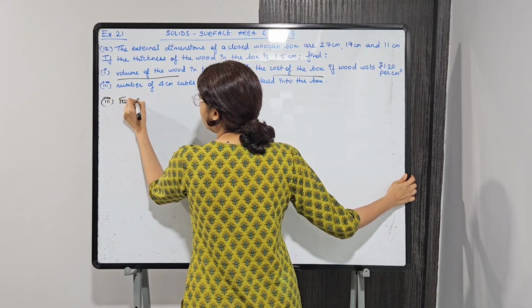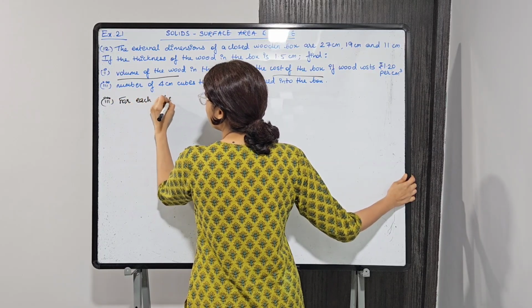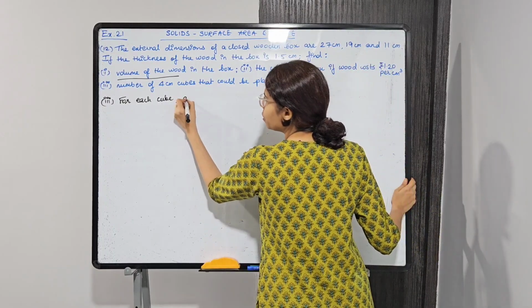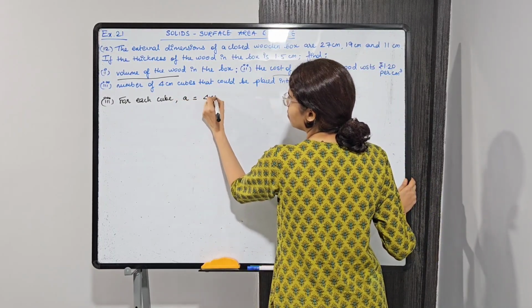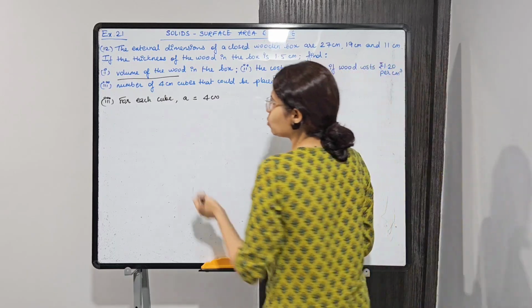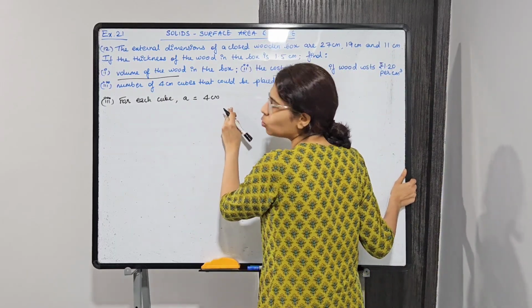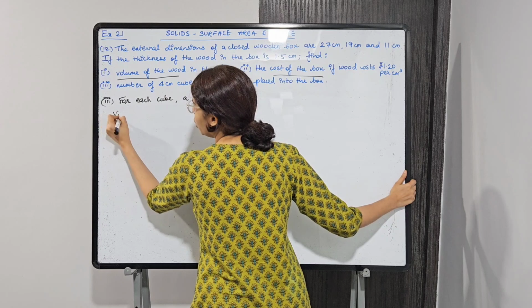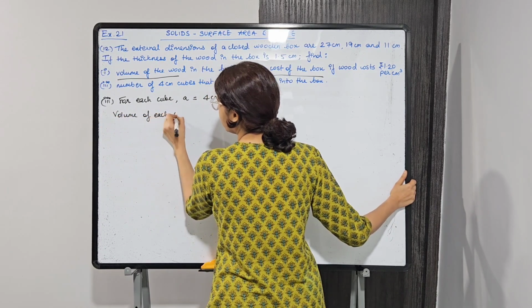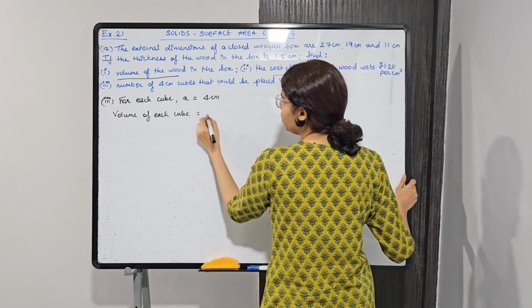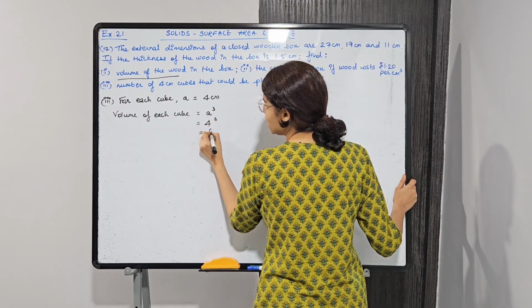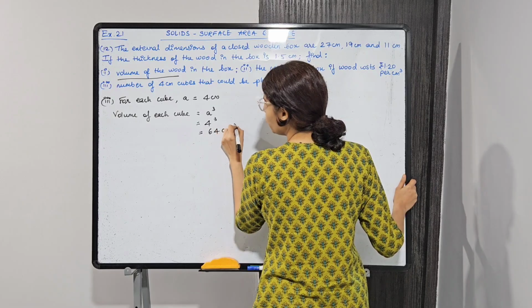Now for each cube, we are given the side. Okay, side is denoted by a, ठीक है, or you can just write down side is equal to 4 centimeter, your wish. So for each cube, side is given to us. So volume of each cube or one cube will be equal to a cube, that is 4 cube, which is 64 cubic centimeter.